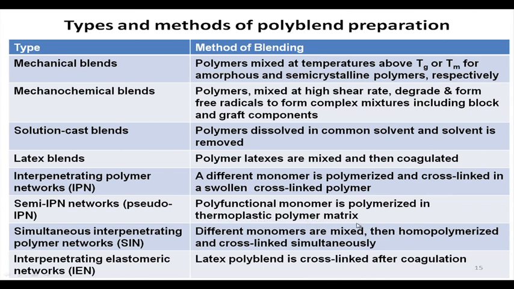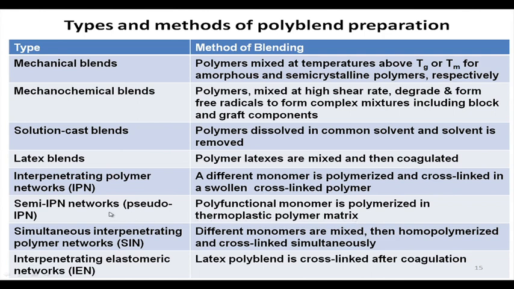So, the thermoplastic polymer matrix will constitute one network of one polymer, in which a second monomer having more than 2 functional groups is polymerized, and that will lead again to a 3-dimensional network system within the thermoplastic matrix.